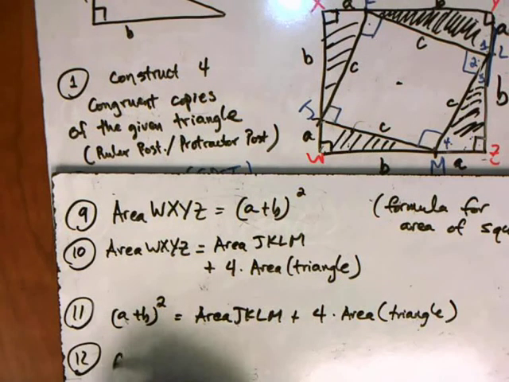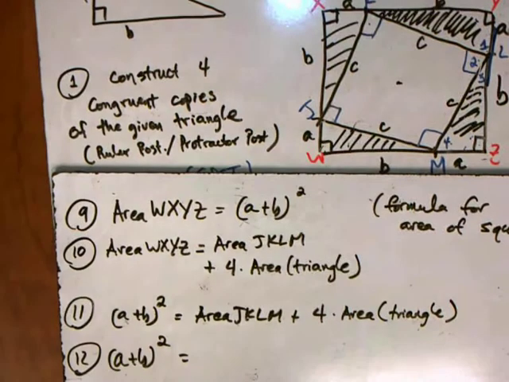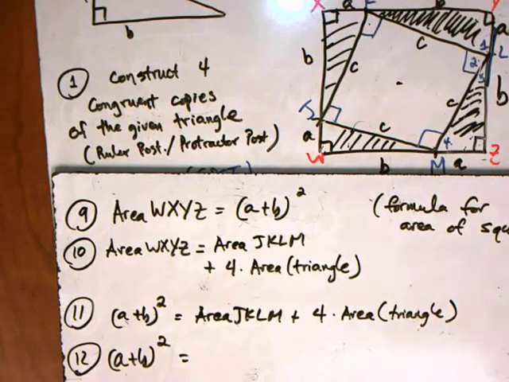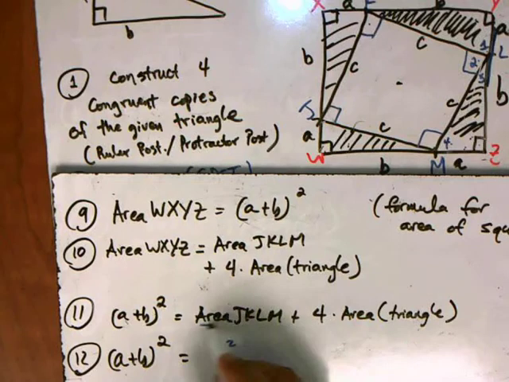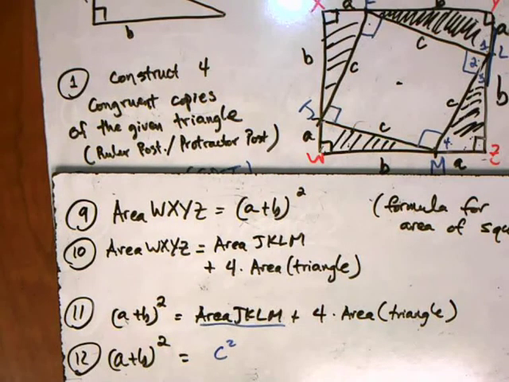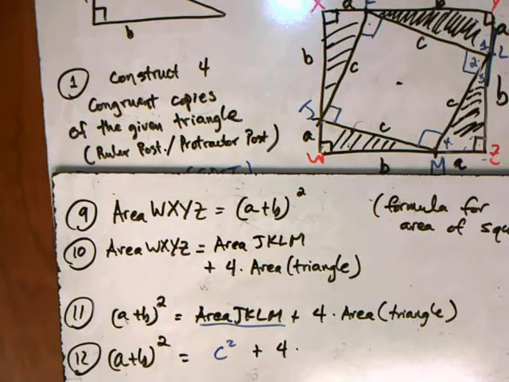So I got (a plus b) squared is equal to, now the area of JKLM, that's really c squared. It's just one side times another side. So this area here is just c squared plus 4 times the area of the triangle.